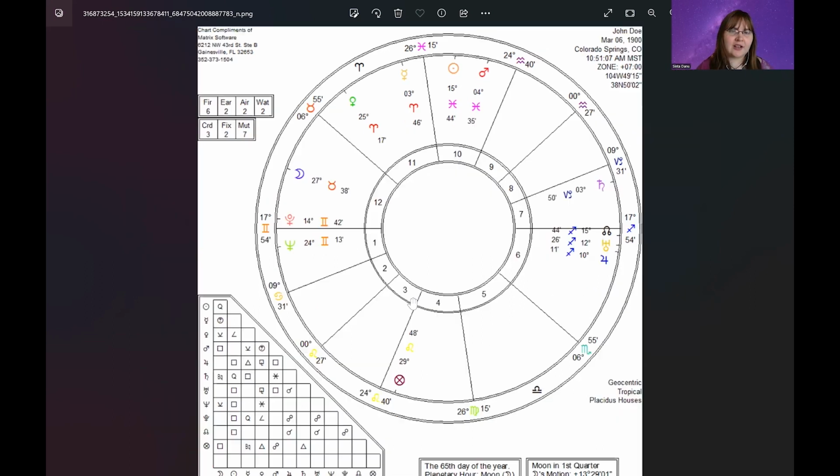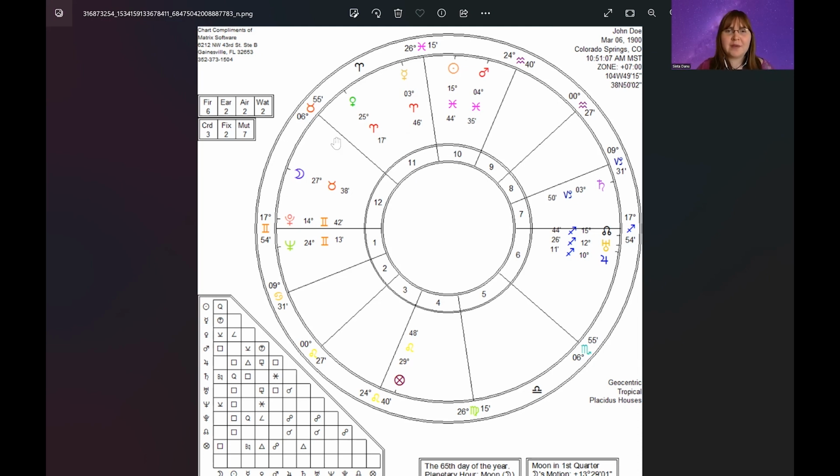So when you divide the chart up, so the ascendant, descendant, below this is like more personal. Above it is more public. So if you have a lot of planets in the top half of your chart, chances are you're going to be famous or have like a reputation where you're well known for something.